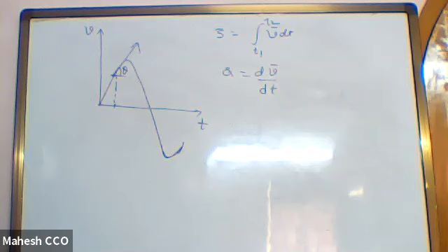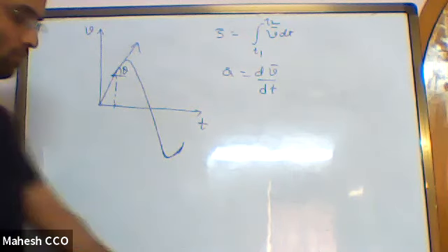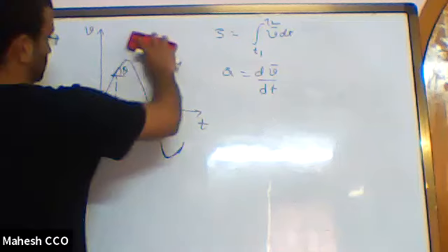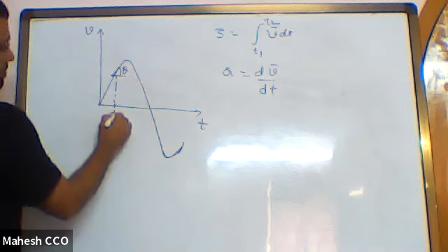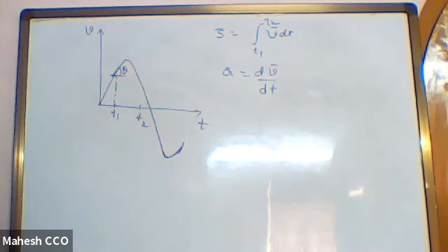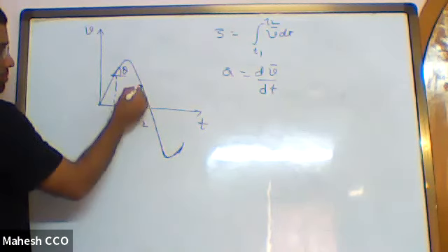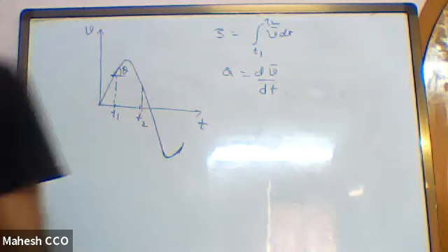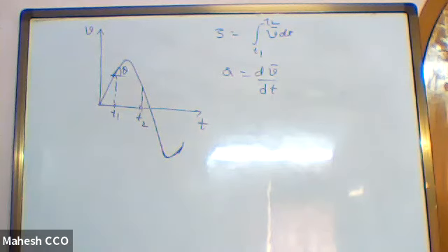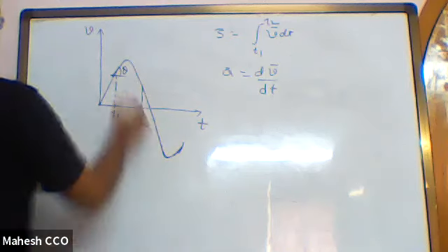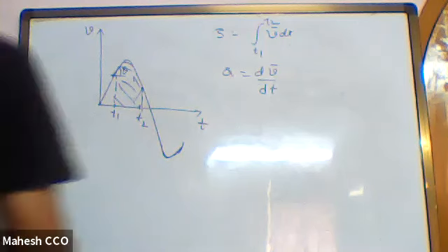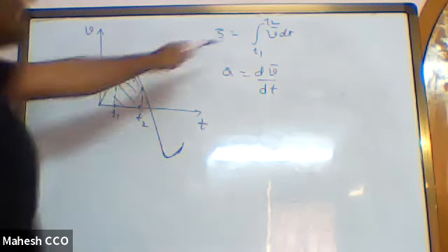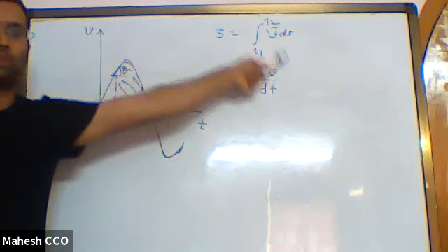Now, for example, if between two instants in the interval t1 to t2, I want the displacement, then according to the graphical understanding of integration which we discussed in basic mathematics, the area under the curve with the time axis is integral v dt. Integral v dt is the area under the curve of velocity with respect to time.